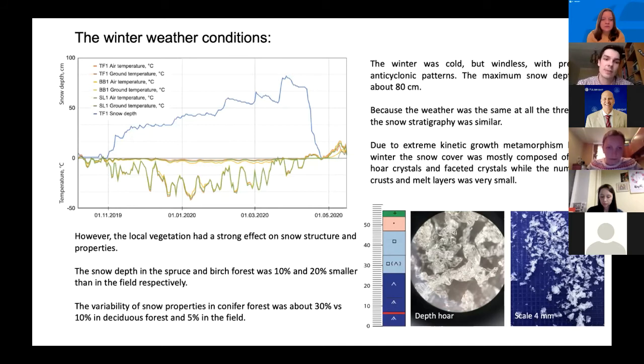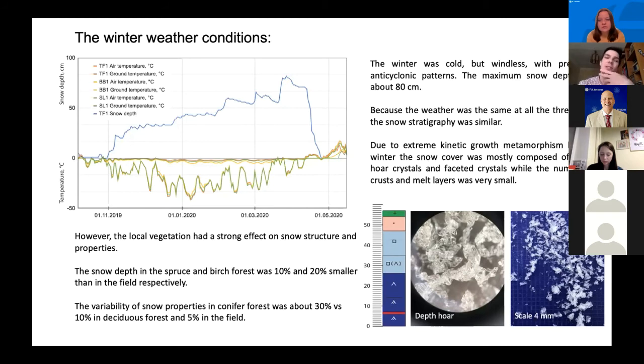However, the local vegetation had a strong effect on snow structure and properties. Snow depths in spruce and birch forest were 20 and 10% smaller than in the open field, respectively. The variability of snow properties in conifer forests was about 30%, versus 10% in deciduous forest and 5% in the field.